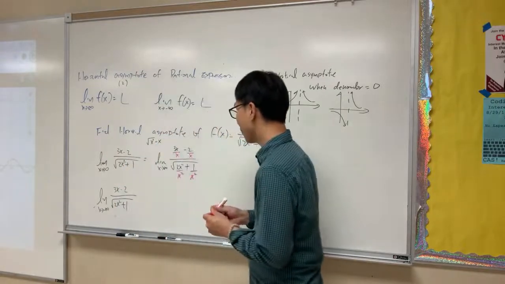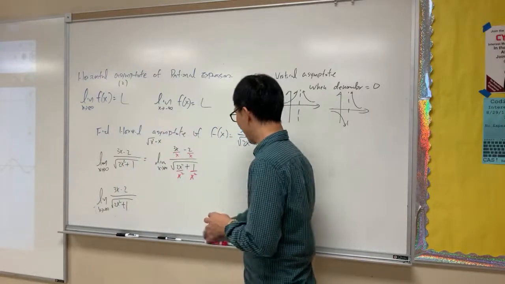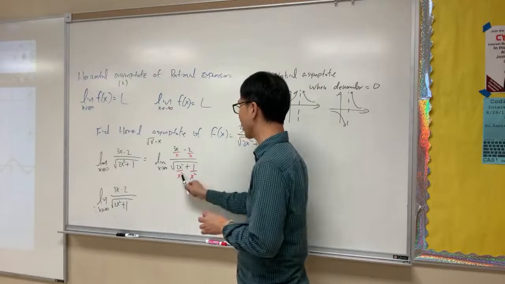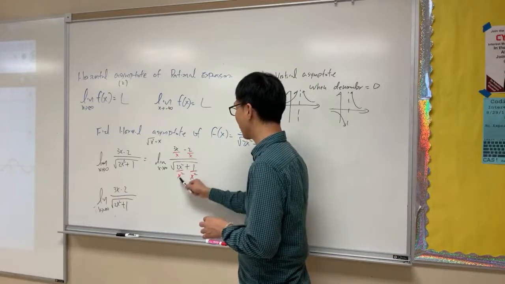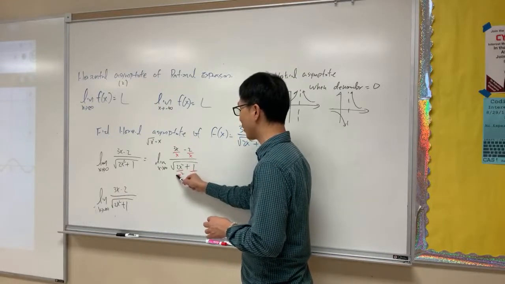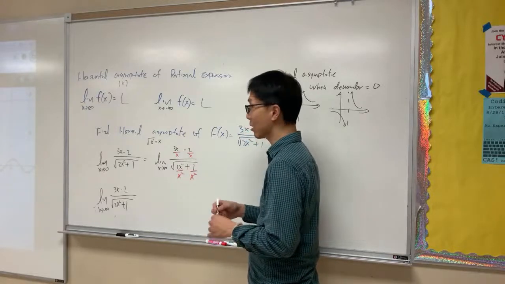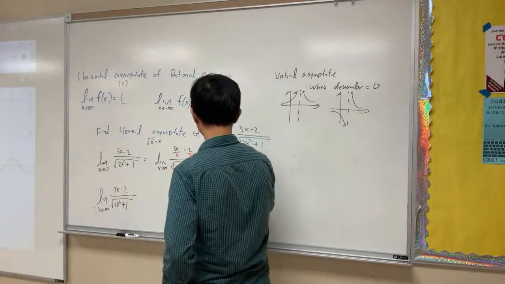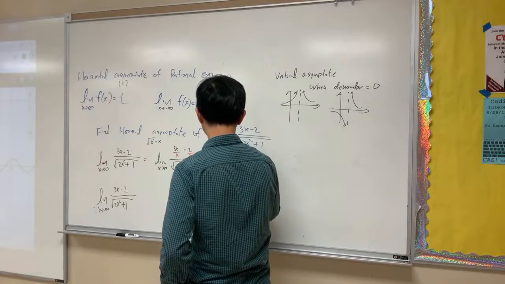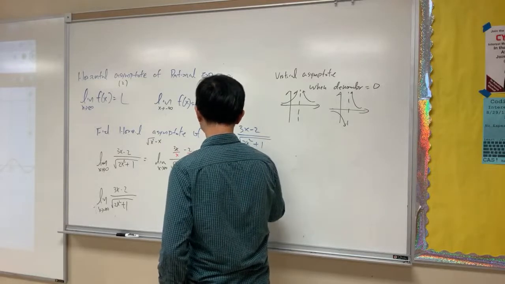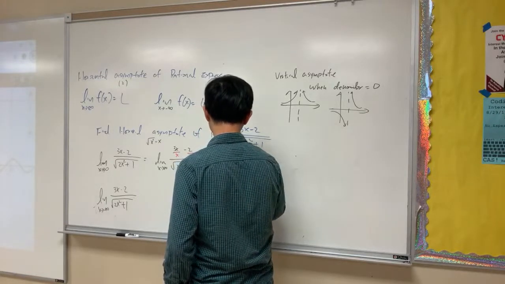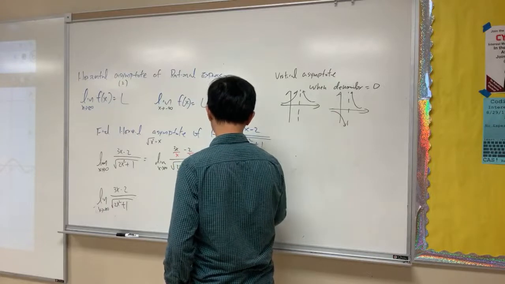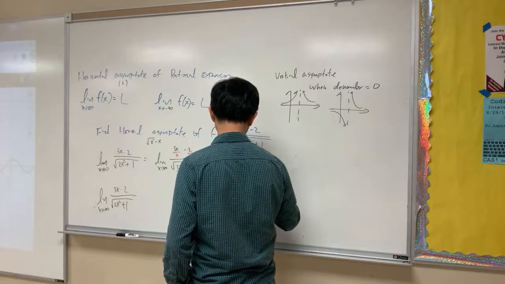So everything that is part of the radical, because we divided by x squared inside a radical. If it's outside, it's going to be x. So now you have the limit as x approaches infinity of 3 minus 2 over x, all over the square root of 2 plus 1 over x squared.